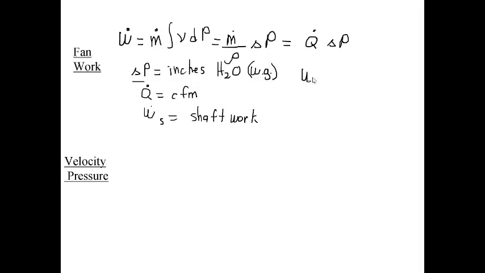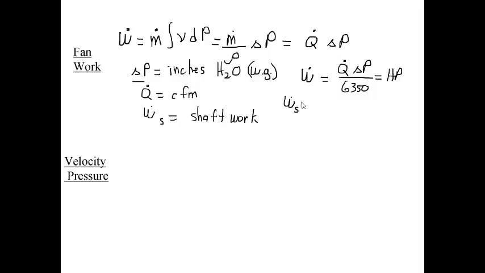So to get work, we're looking at two types: static work and total work. Q dot is in CFM, pressure is PS in inches of water, and then you divide that by 6350 in order to get the work in horsepower.